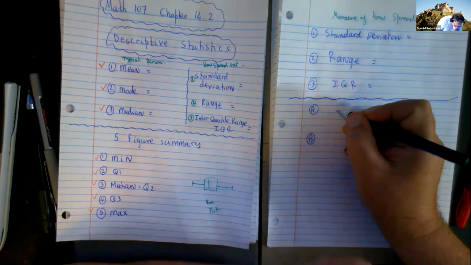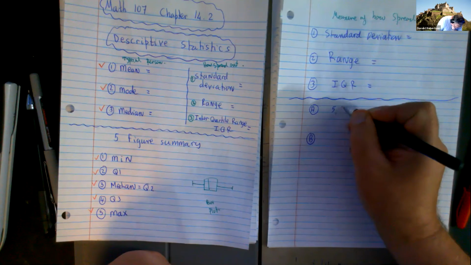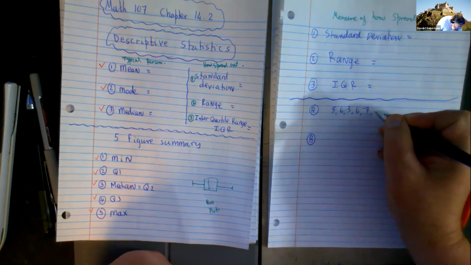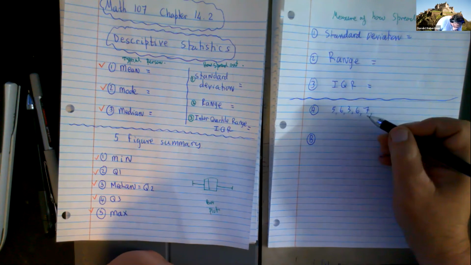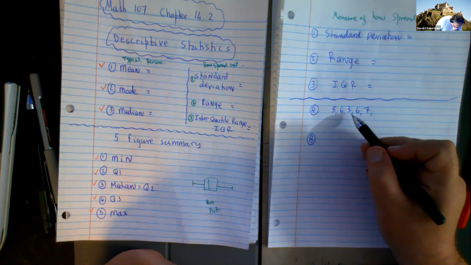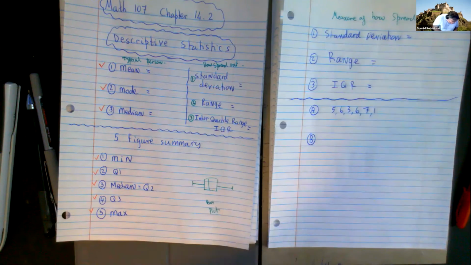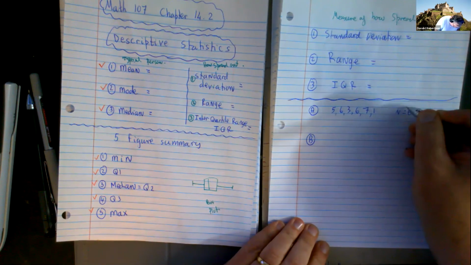So in class A, they got a quiz out of 10, and the scores that they got, there we go. That's 6 numbers in that data set.